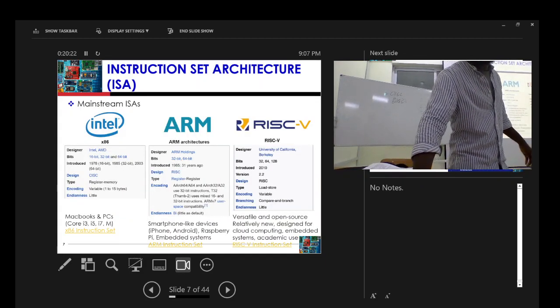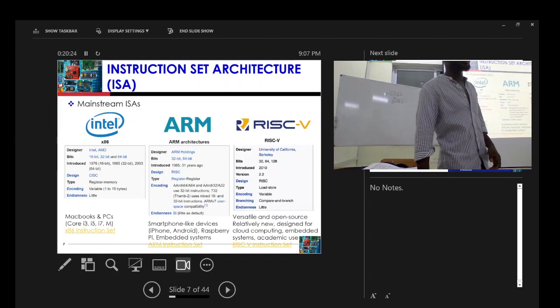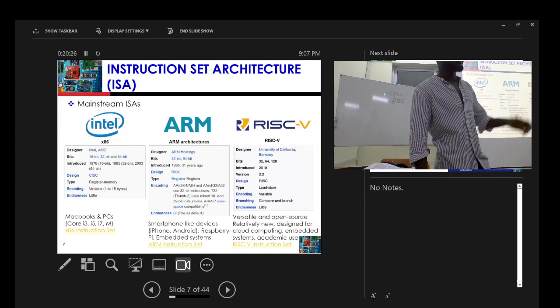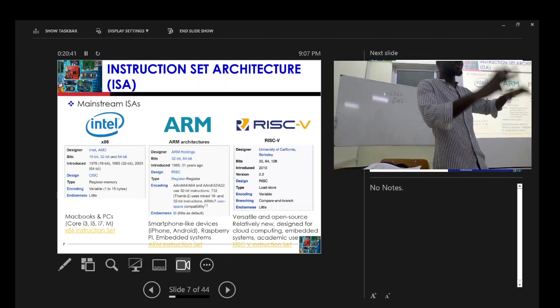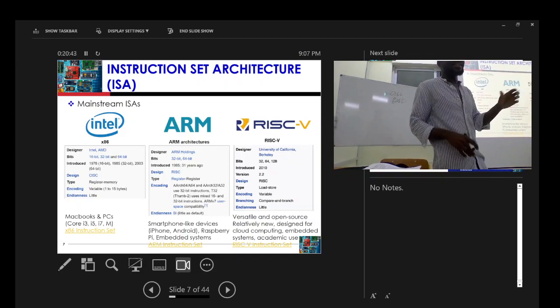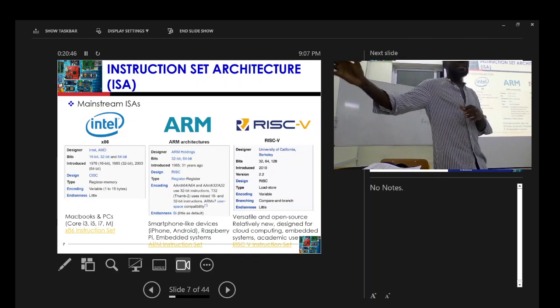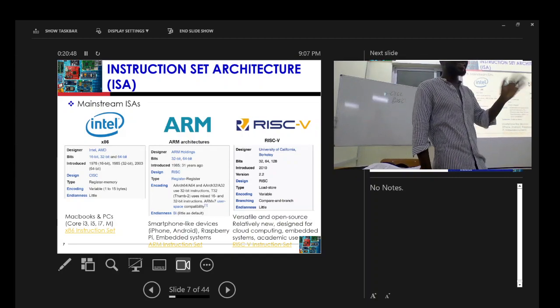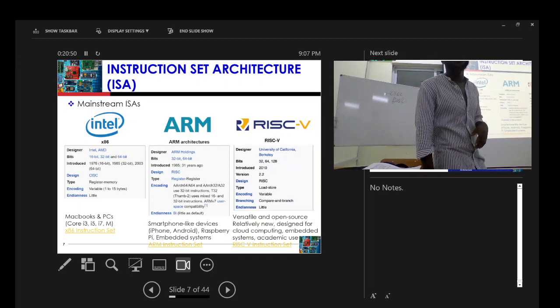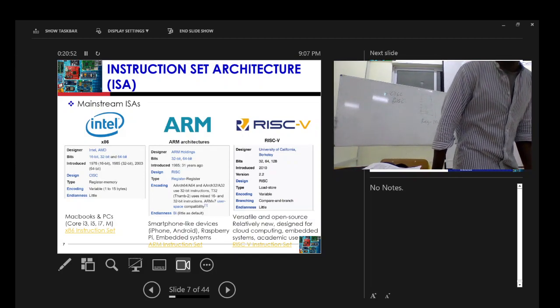The last one is the endianness. I think I talked about it the last time. I said we have two types of endianness, right? The little endian and then the big endian. I gave some memory architecture and I said if you want to store some data within some memory, it stores it from the beginning or from the end.